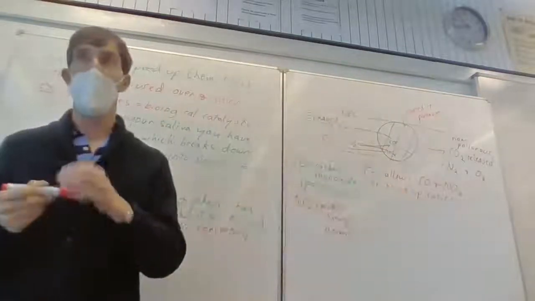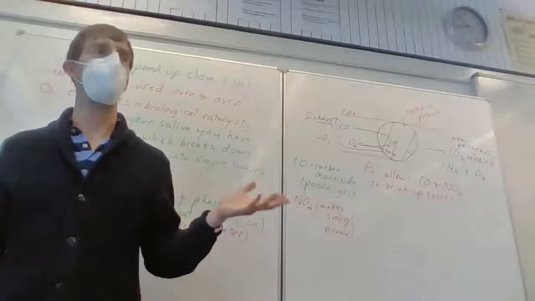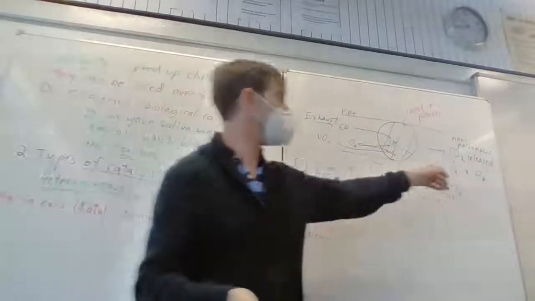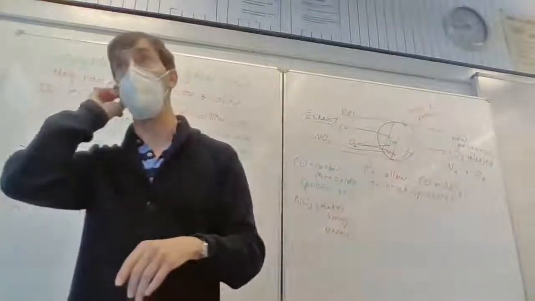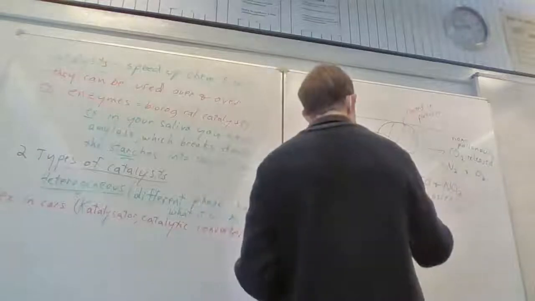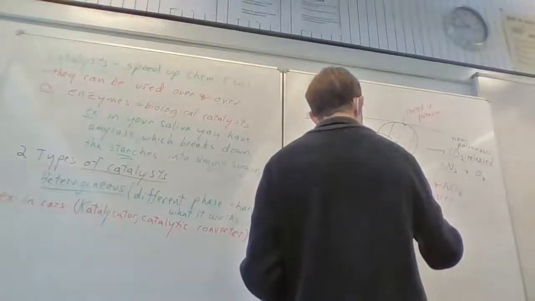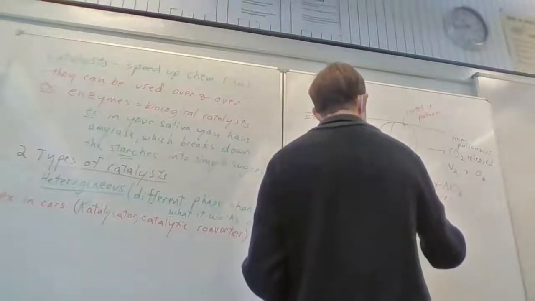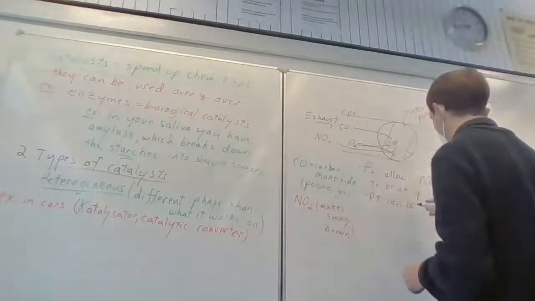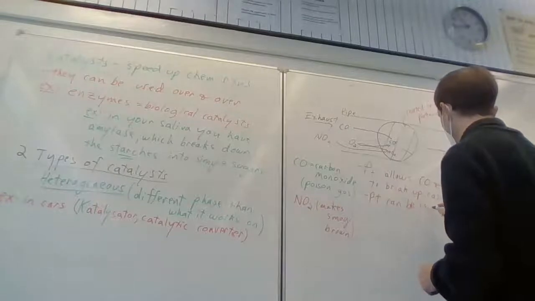And other than the electrons, have I lost any platinum? No, the platinum doesn't get used up, so it can be used over and over and over. That's why it's truly a catalyst. Pt, platinum, used again.